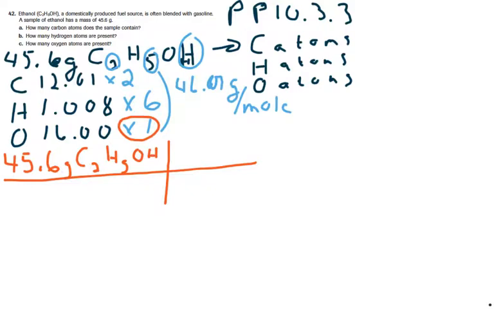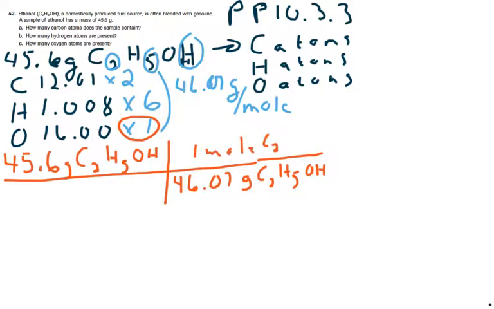So we just figured out there's 46.07 grams of the ethanol, C2H5OH, and 1 mole of the ethanol, C2H5OH. Grams, divide out to grams.